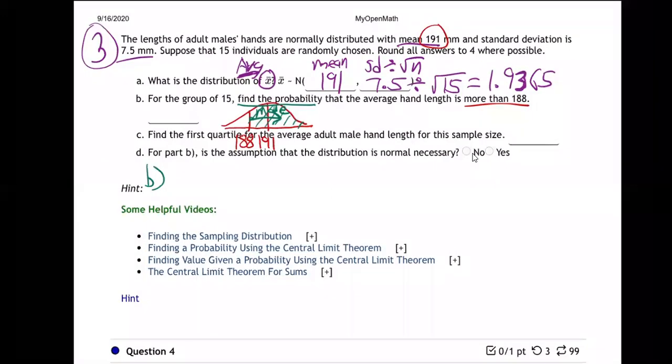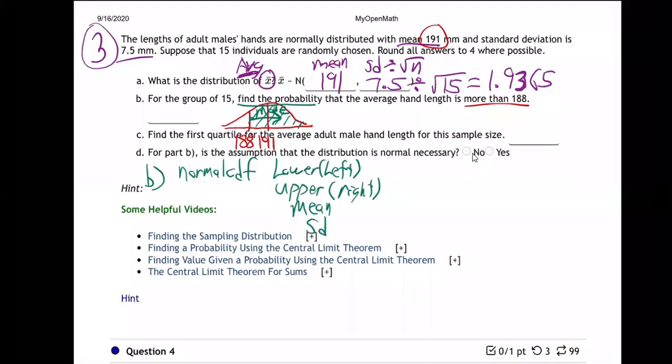So this will be normal CDF, and they always ask you for lower or left, upper or right, mean, and standard.